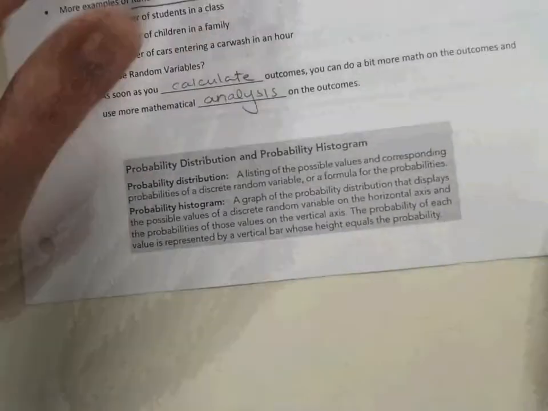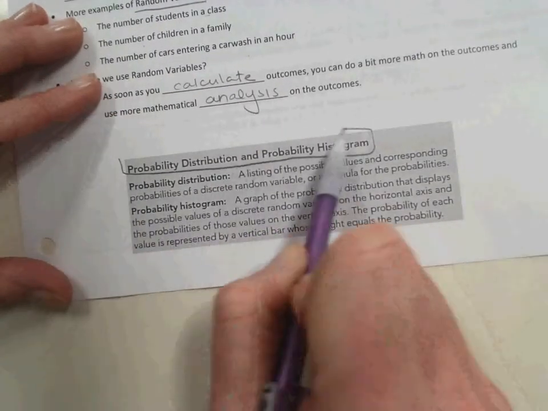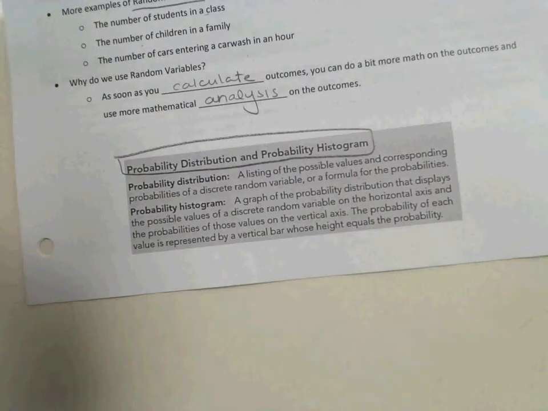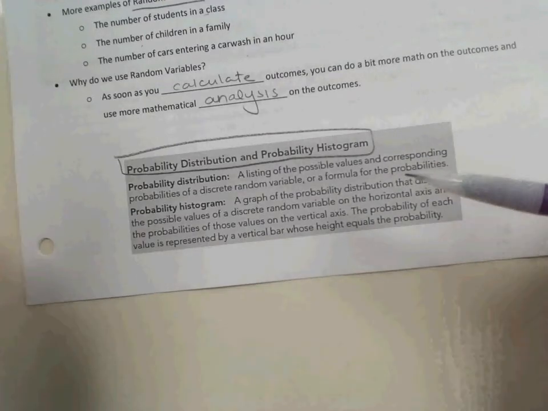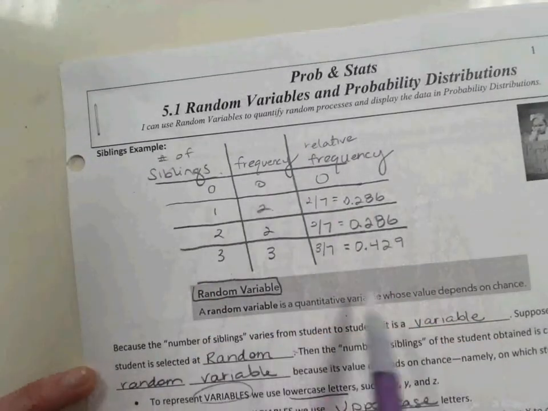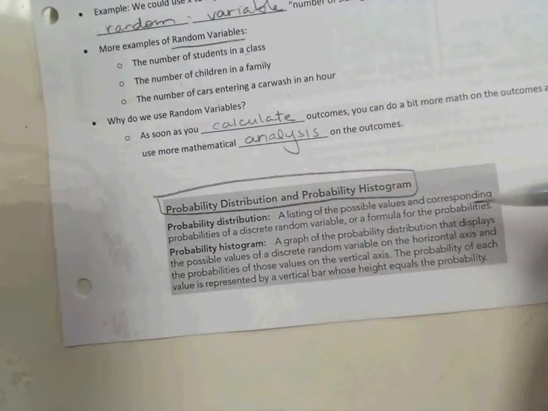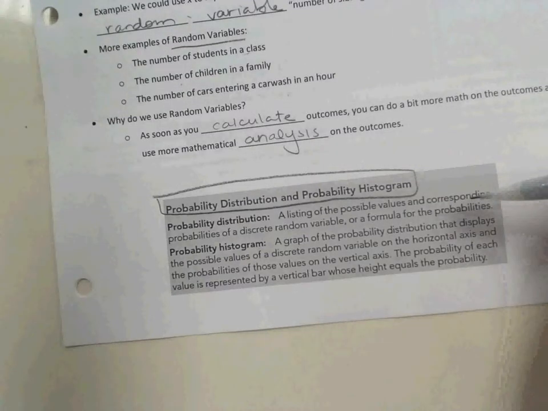So then at the bottom here, important to note, 2 more definitions, probability distribution and probability histogram. Again, these are going to look very familiar. Very similar in appearance to our relative frequency distribution, which is this guy right here, and a relative frequency histogram. What comes to mind when I say histogram?